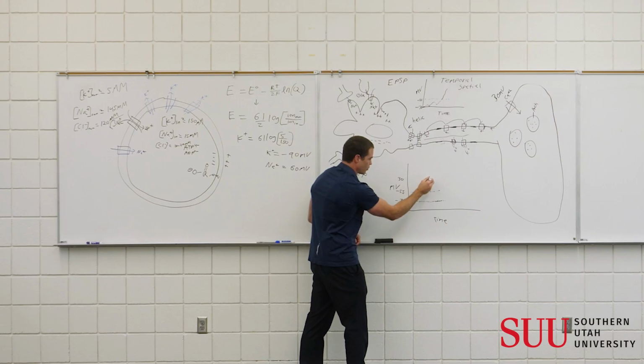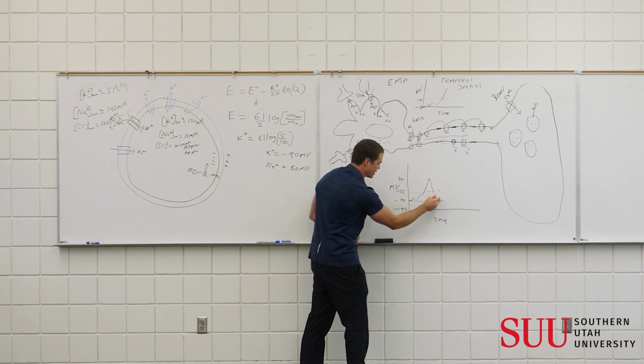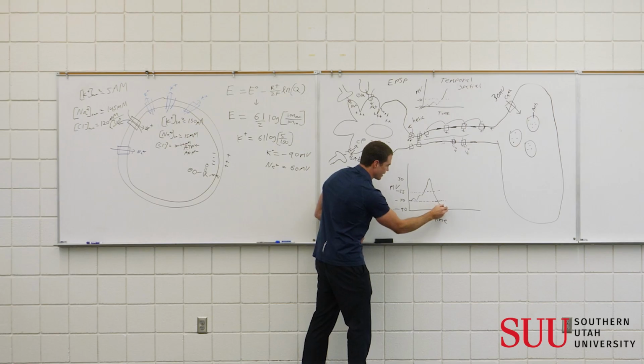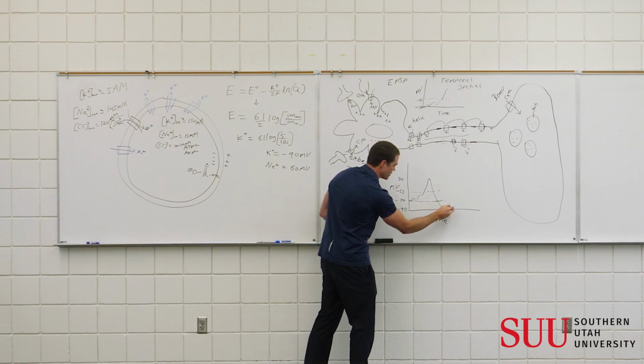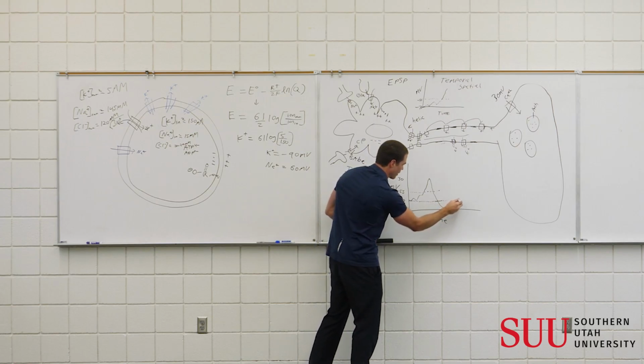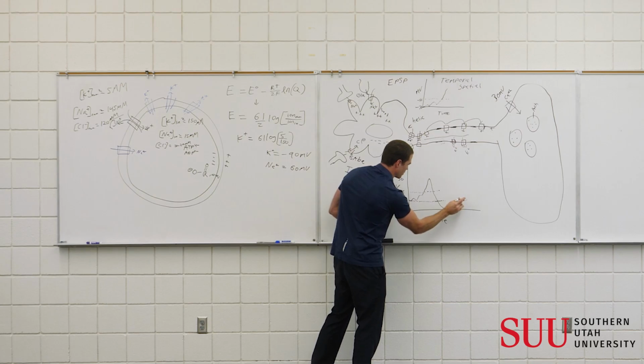And then when you hit the repolarizing phase, it'll come down. Now we're finally at negative 70 millivolts, but hey, it keeps on going even down to negative 90 millivolts, and then it starts coming back up, and then finally it's back to our resting membrane potential. So what does that look like, and why is that happening?